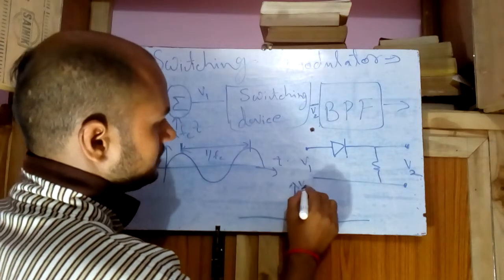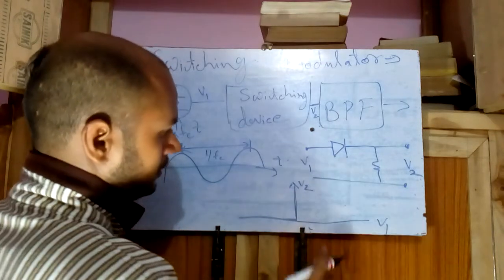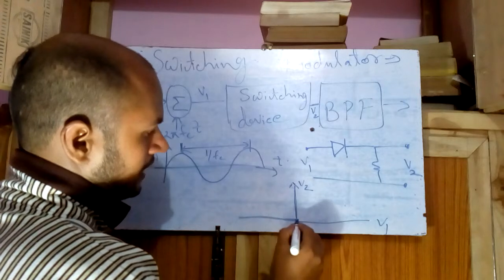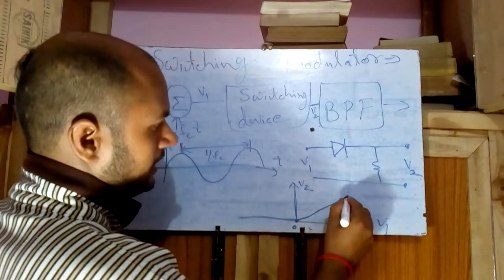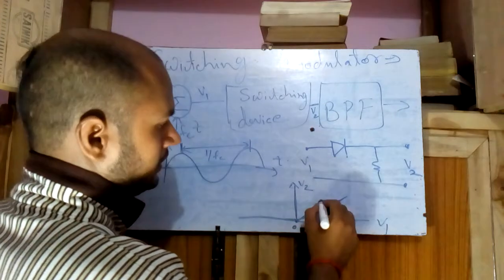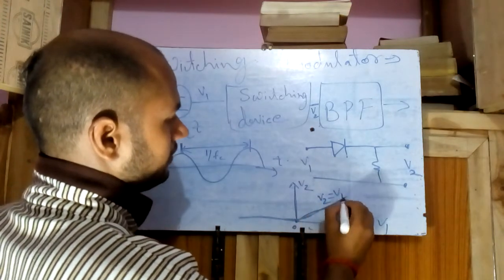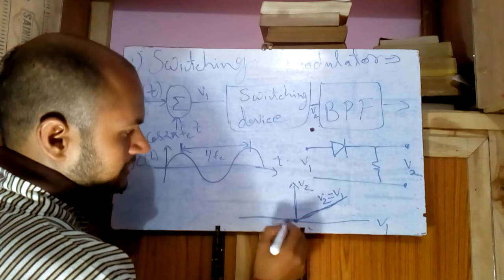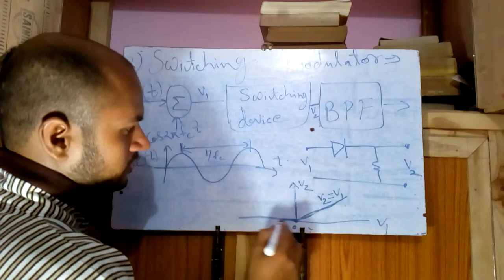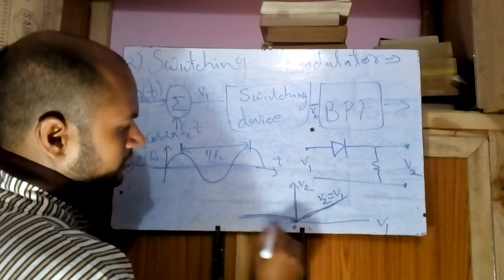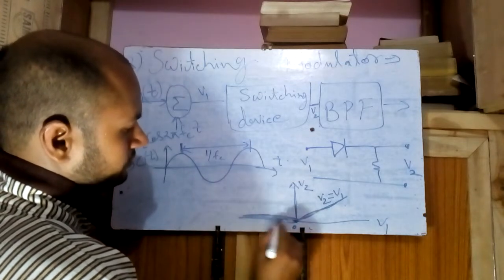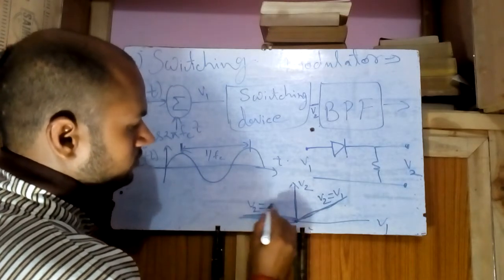So the transfer characteristic is this: V2 versus V1. V1 is greater than 0. As V1 is above 0, V2 will be the same as V1. Here V2 is equal to V1. And V1 is less than 0. As V1 will be less than 0, the diode will be off, and V2 will be 0.